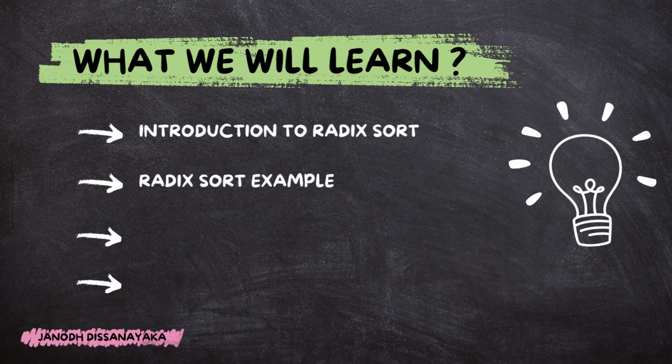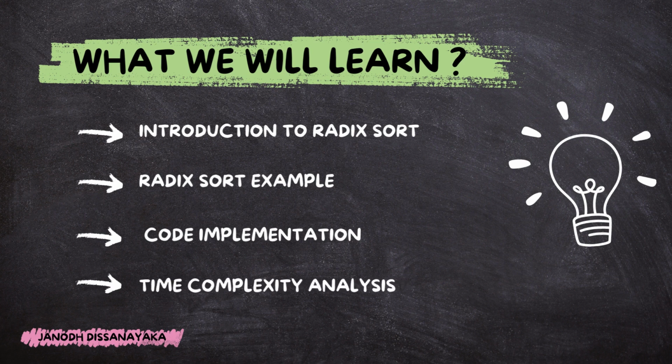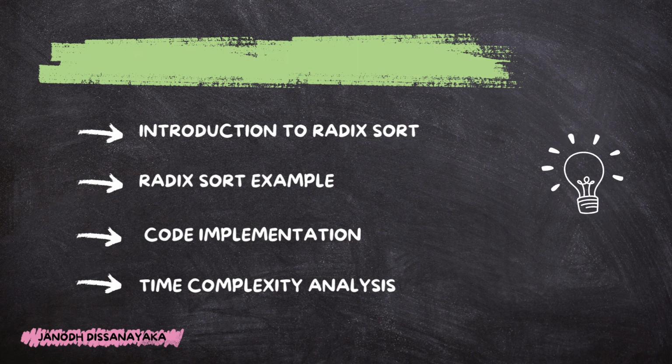Then, we'll move on to the code implementation, where I'll walk you through how to write the algorithm in Java. Finally, we'll analyze the time complexity of Radix Sort and discuss why it can be more efficient than traditional comparison-based sorting algorithms. So, stay tuned, grab a notebook, and let's get started.